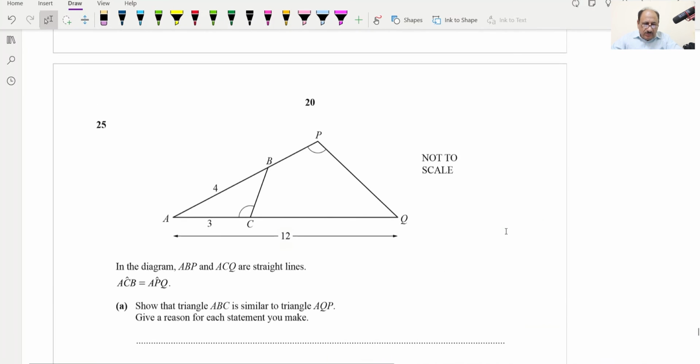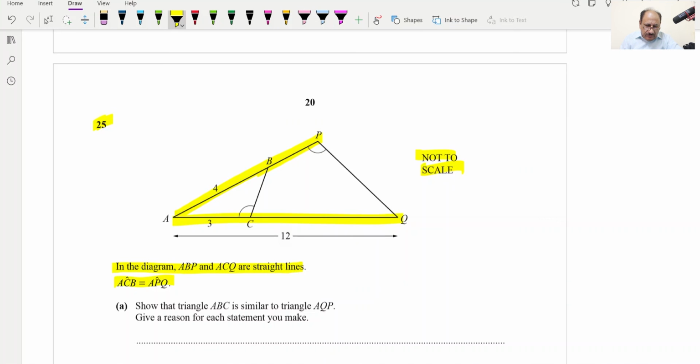Next is question number 25, and the diagram is provided. This is the last question of this paper, and the diagram is not to scale. In the diagram, ABP and ACQ are straight lines. ABP is this one, so this is a straight line, and ACQ is also a straight line.